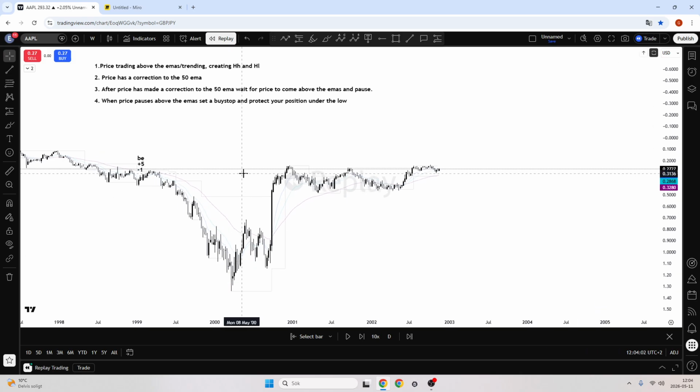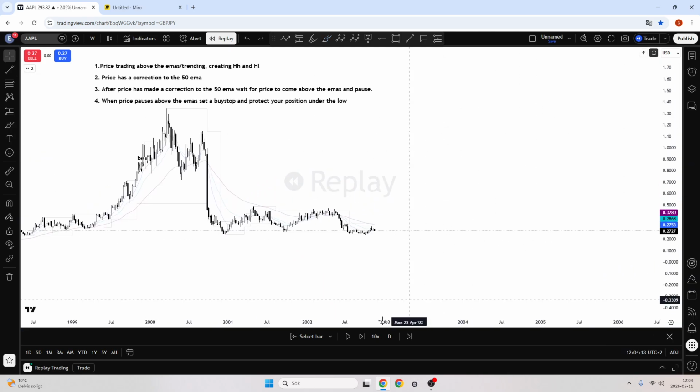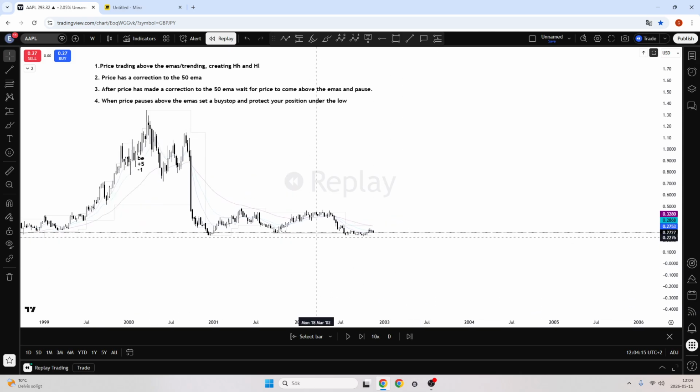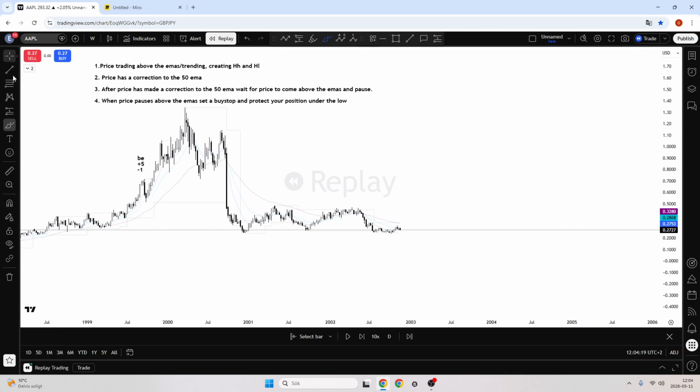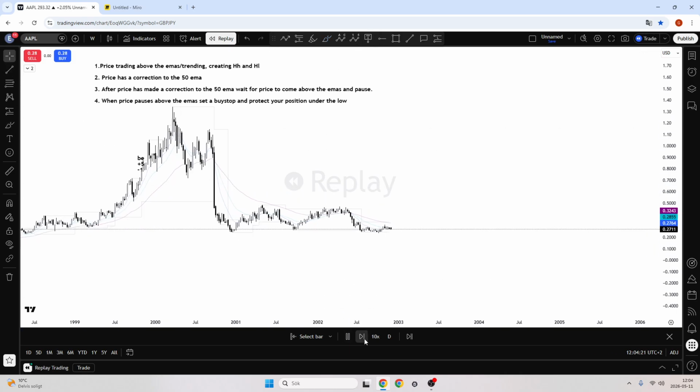As you guys can see, we go from this leg to this leg right here, and then we're just chopping around right here. So this is not a trending environment. This is a choppy environment for me. If anything, this is just a bigger accumulation going on for the purpose of going to the upside, right? So there's nothing for me to do.